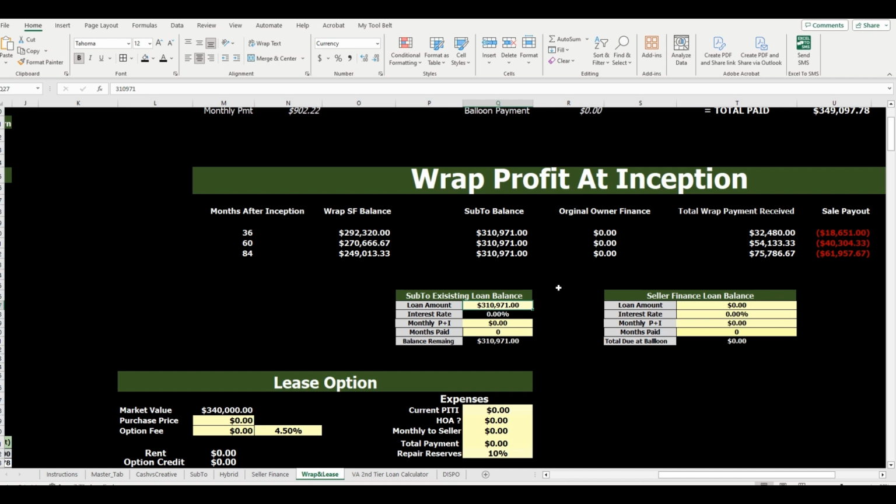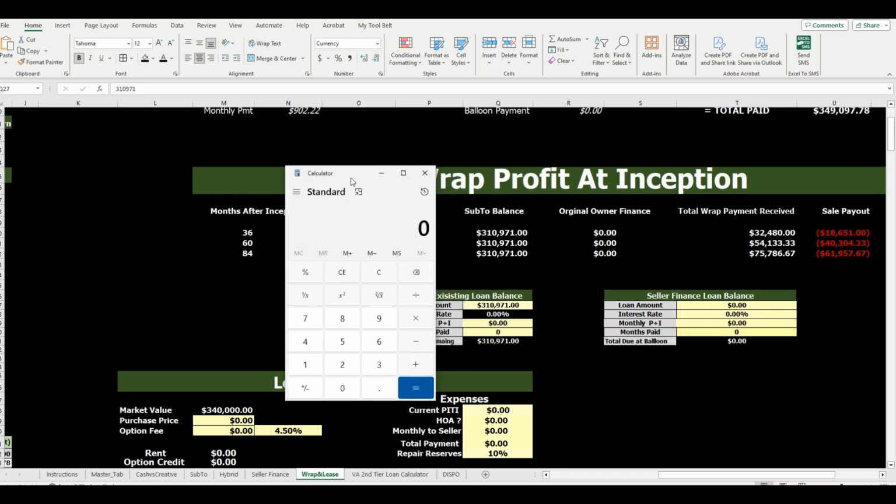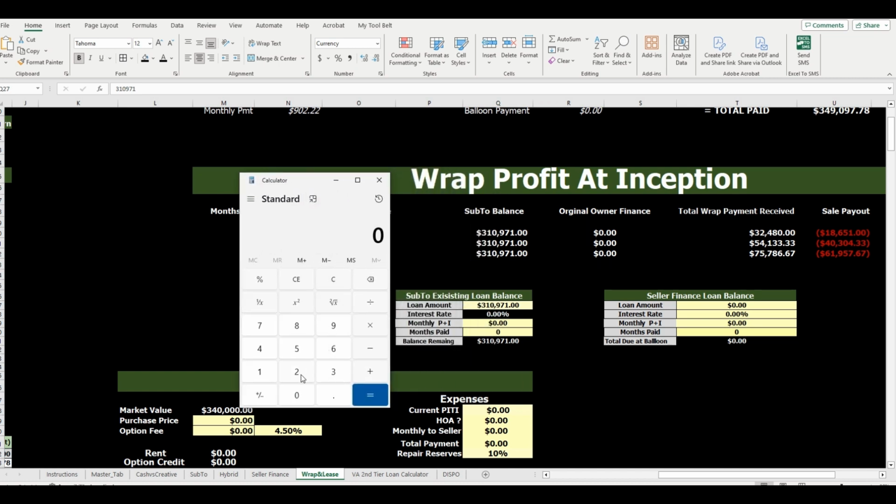Now, some mortgage statements will not have the loan amount that was originally issued. And so if you need to figure out what the loan amount is, simply figure out the number of payments that have been paid on that loan thus far. So let's say you know that there have been about 20 payments made on that loan, and you would look at the principal portion of the P&I of the mortgage.